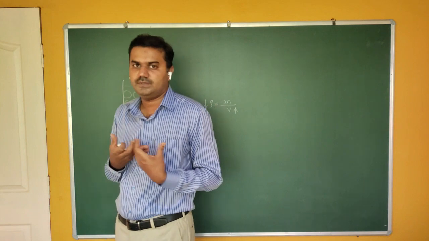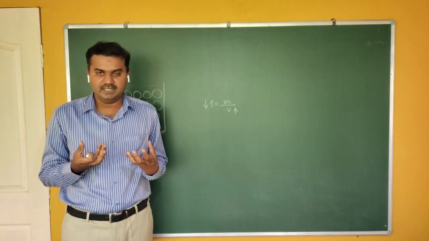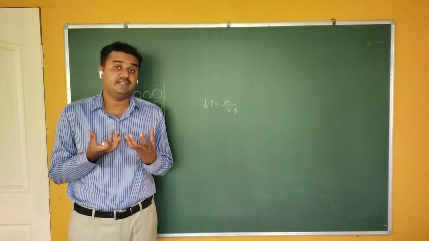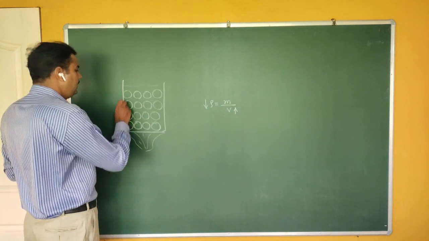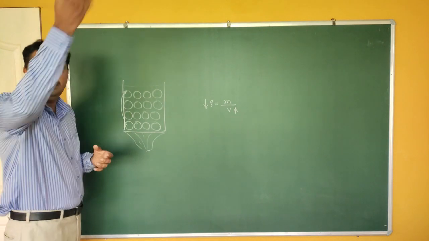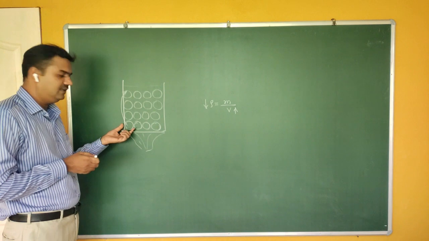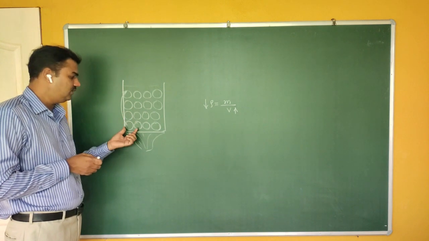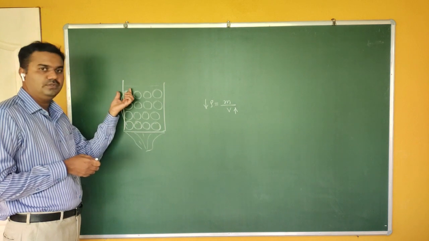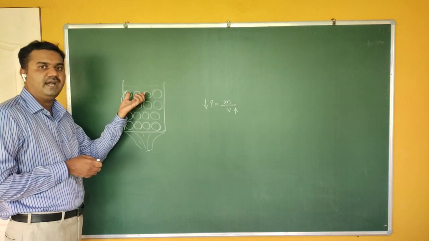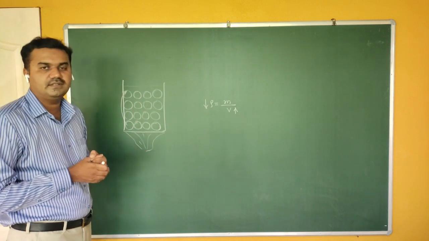Now, when you supply heat to those molecules, the density decreases. As the density decreases, what happens? They move to the upper portion, the top portion, because their density is lower compared to other molecules, so they float. They go upwards, and the molecules which have higher density come to the bottom of the container.